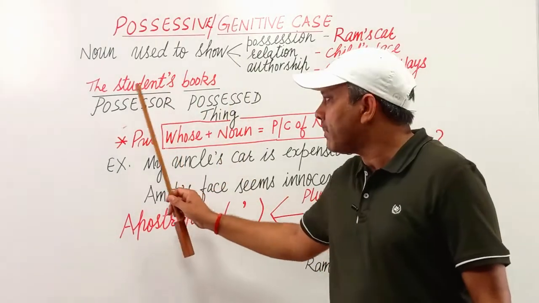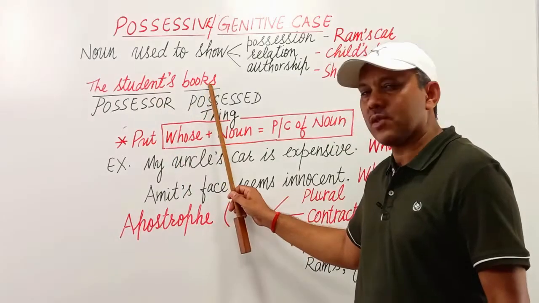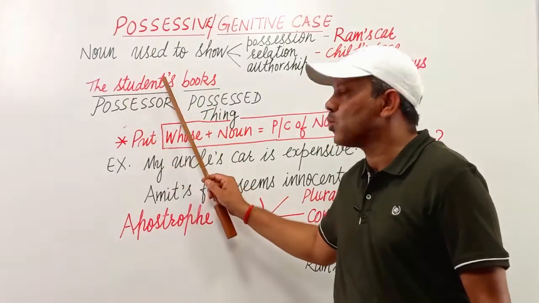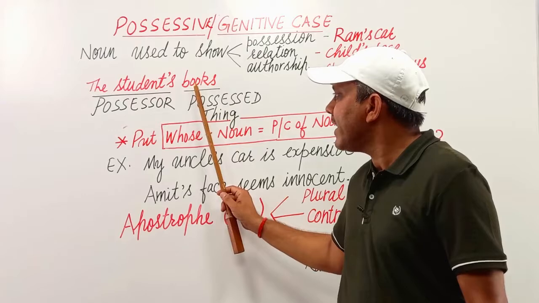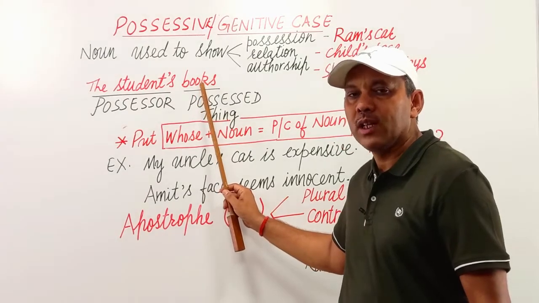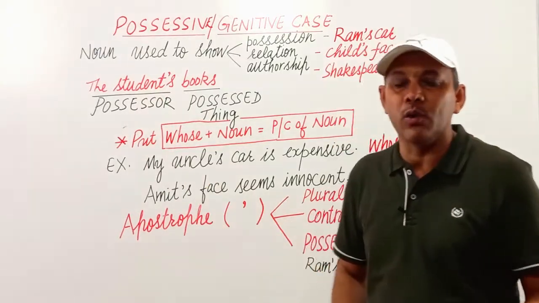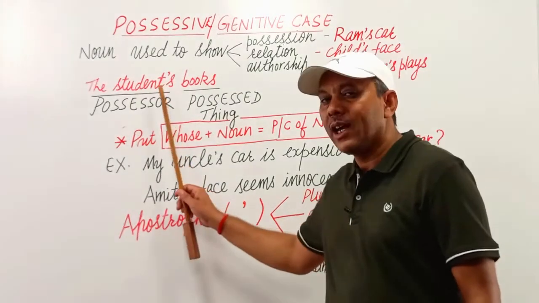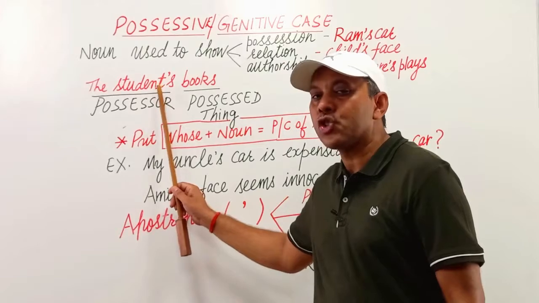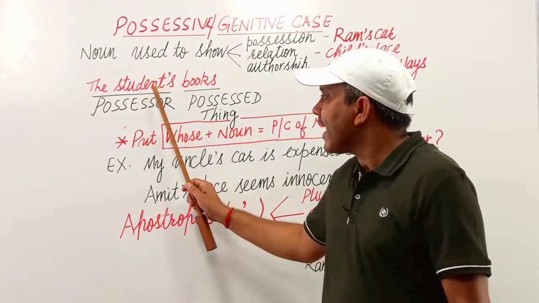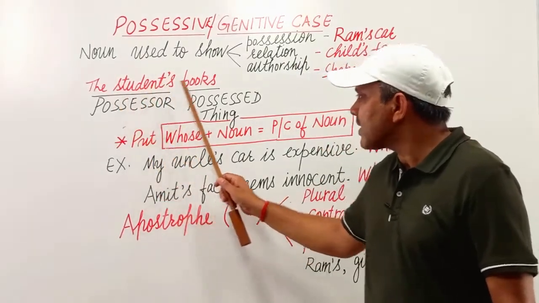Let us take an example, the student's books. Here is a singular student, one student, and he has many books. He or she, because student is a common noun, we can say he or she both. It is a common gender. The student's books.